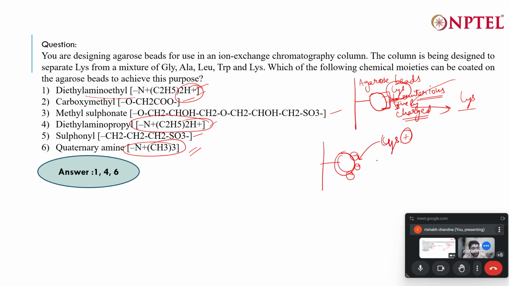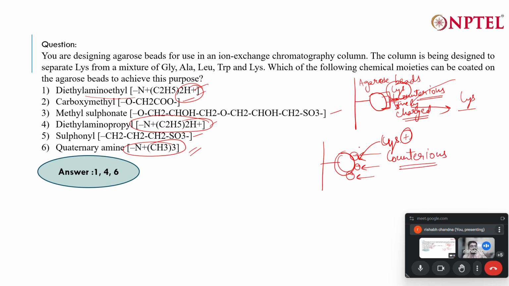Now, these negatively charged moieties present on the agarose beads need to have their charge managed, right? To make them neutral, we have some counter ions.